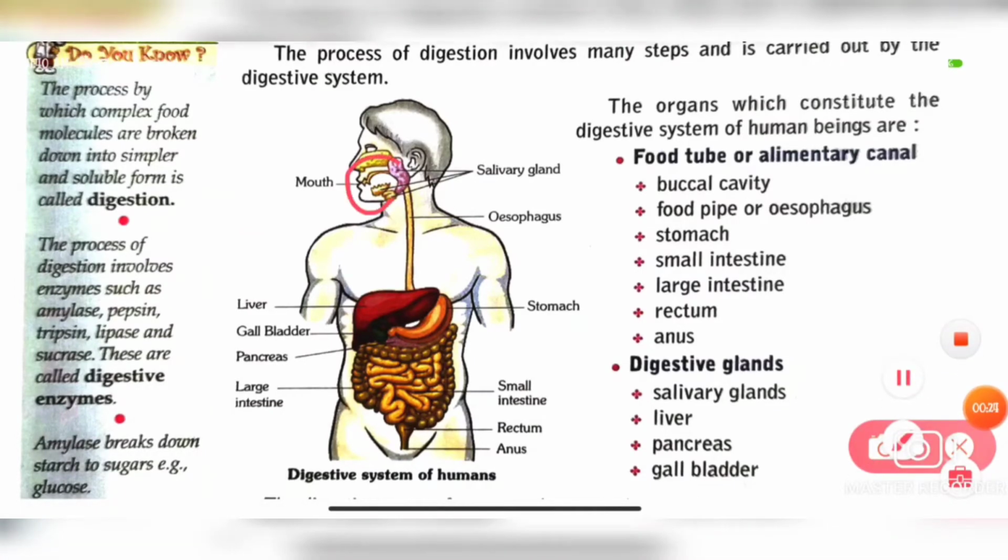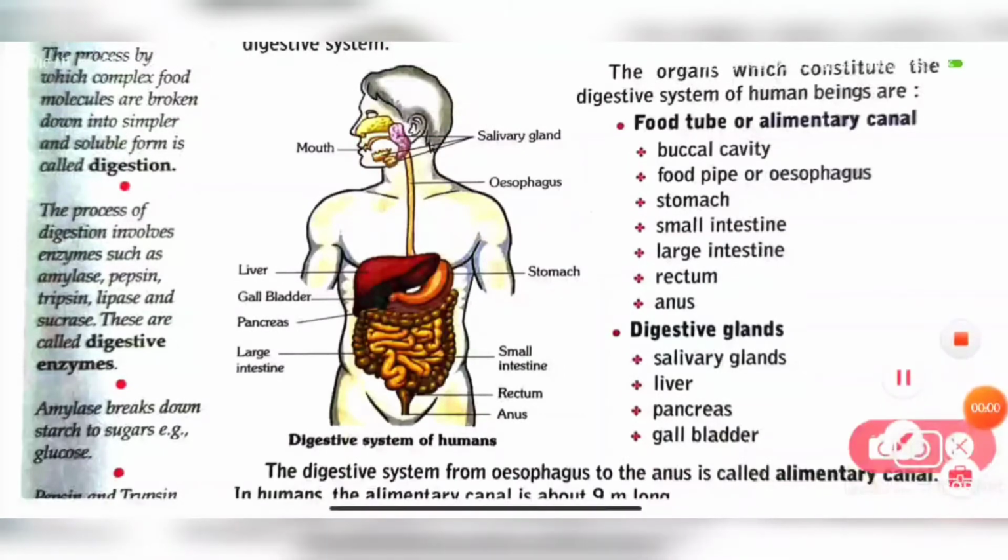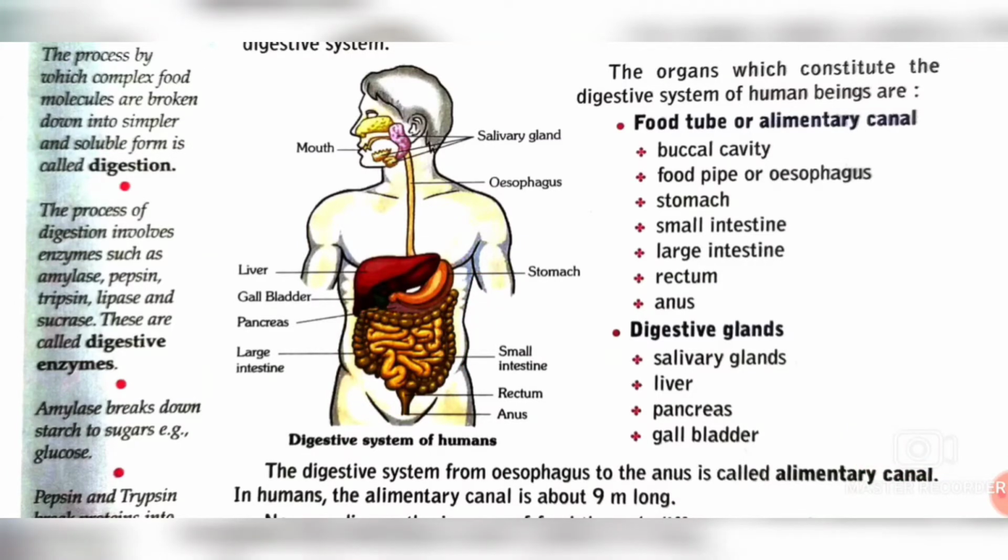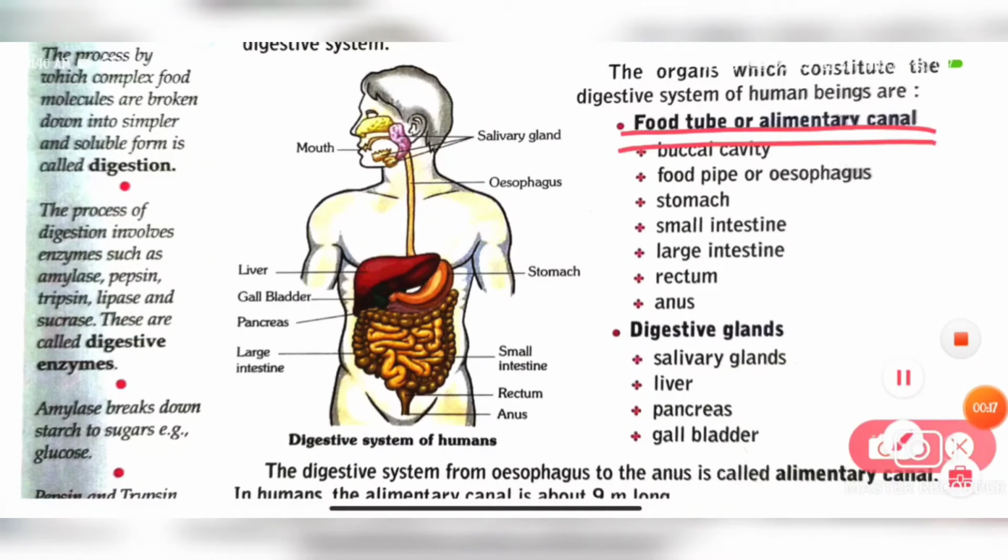Buccal cavity, this is buccal cavity. Food pipe or esophagus, this is food pipe. Stomach, this is stomach. Small intestine, this is small intestine, মাঝখানের এই যে অংশটা. Large intestine, rectum and anus. These all parts are included in the food tube or alimentary canal portion, and the second part is digestive glands.